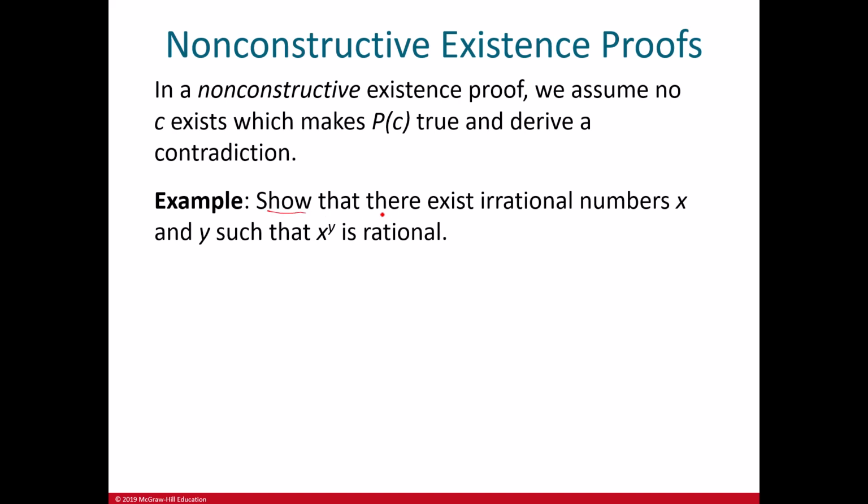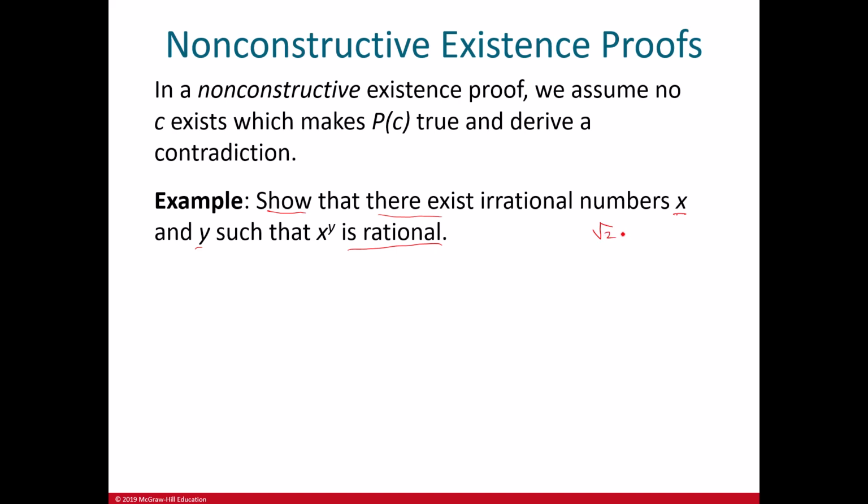Show that there exist irrational numbers x and y such that when you put one to the power of the other, you get a rational number. Oh, this sounds interesting. We know that the square root of 2 is irrational. Why?